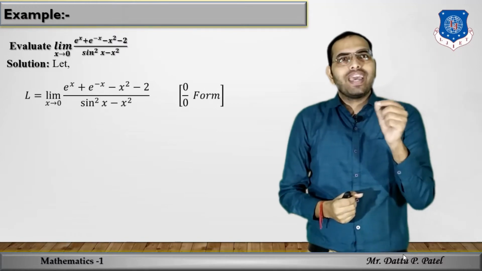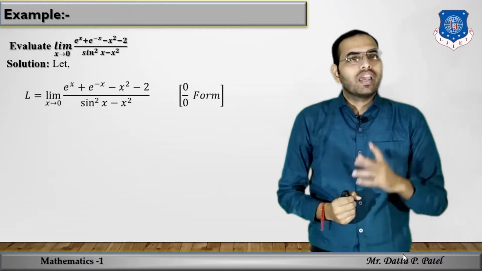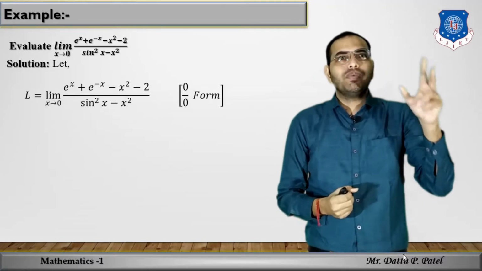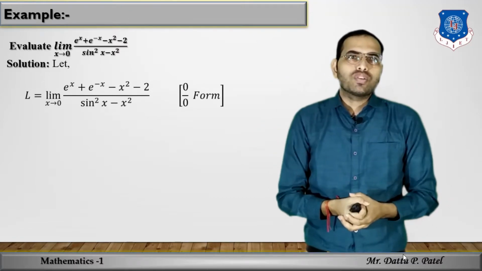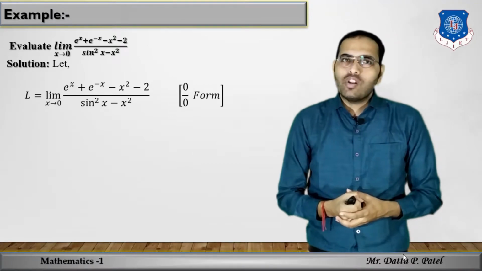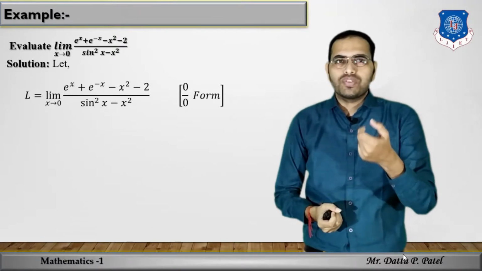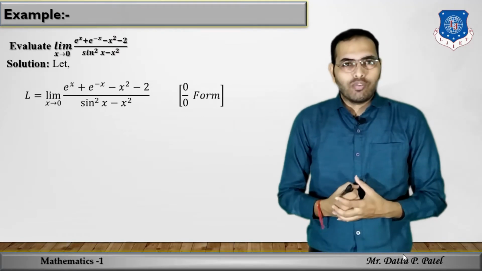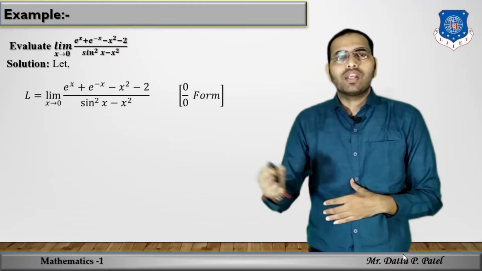Replace x with 0 in the numerator portion: e raised to 0 is obviously 1, again e raised to 0 is 1, then 0 minus 2, so 1 plus 1 minus 2 is 0. In the same manner in the denominator portion, you are all aware that the value of sin 0 is 0, minus 0, so the denominator portion is also 0. So the given limit is an indeterminate form of 0 by 0 form. If it is 0 by 0 form, then we have to apply the L'Hopital rule.